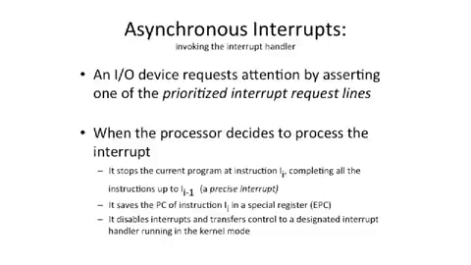So there will be some sort of priority encoder, which will determine which is the highest priority. Some machines will actually have reprogrammable priority interrupt encoders, which will allow the system software, the operating system, to decide what is the highest priority interrupt to take.